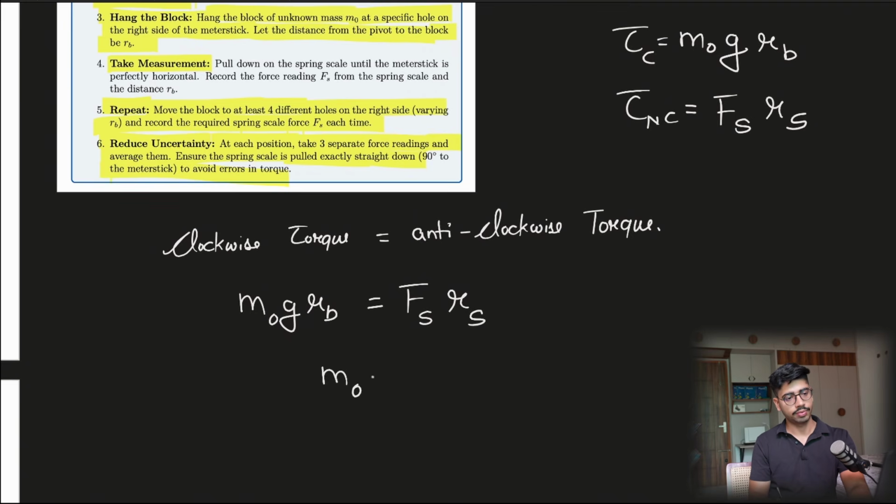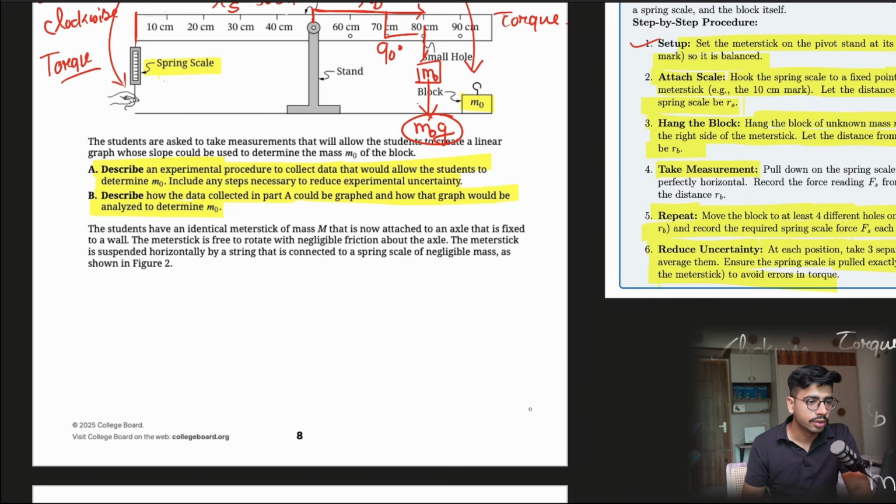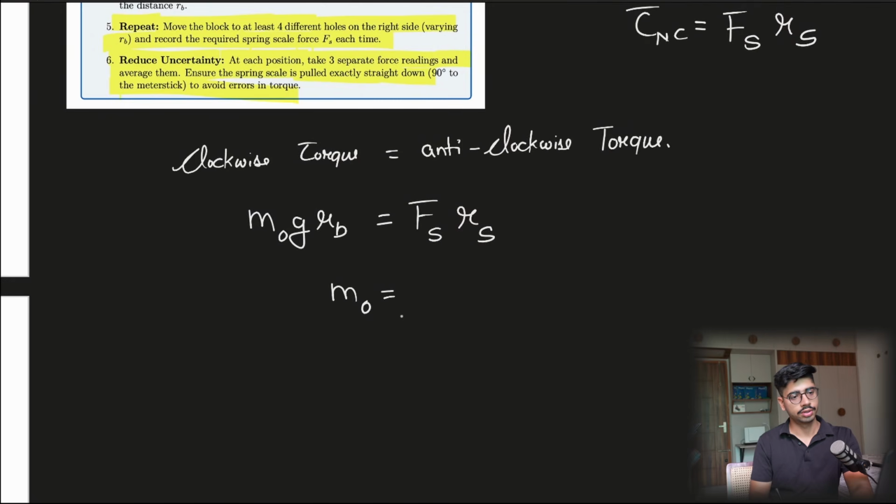So the M naught value comes out to be determined from the collected data and the graph. So let me do that calculation. The M naught value will come out to be FS RS divided by g RB. Correct.